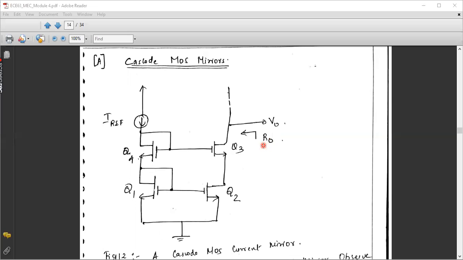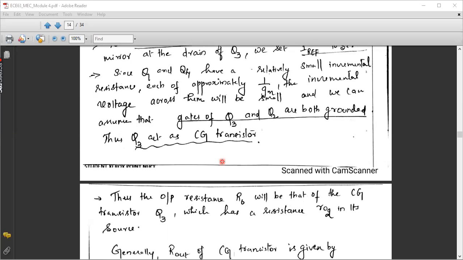What is the multiplication factor that you got for the output resistance? How many times has the output resistance increased compared with your conventional mirror circuit? That you need to explain. So write down, the advantage is high output resistance.